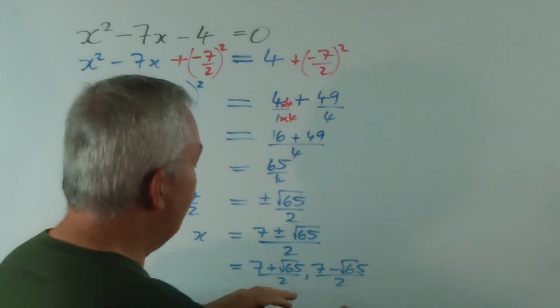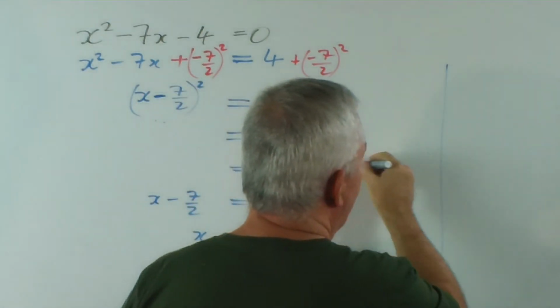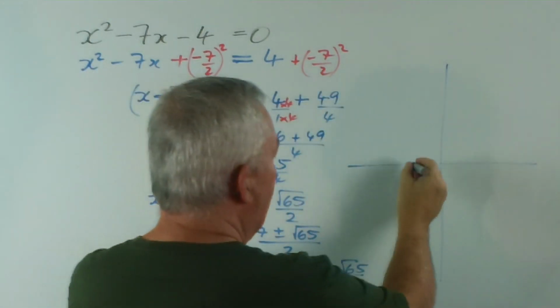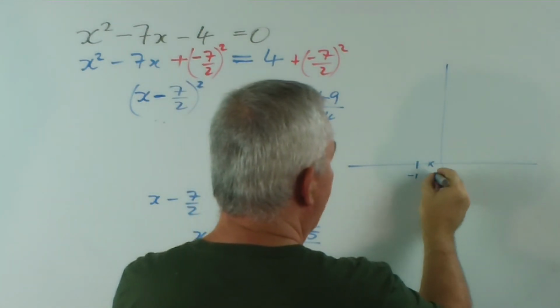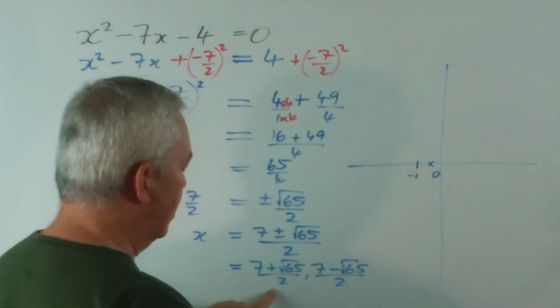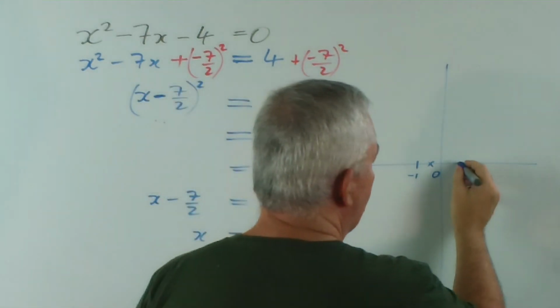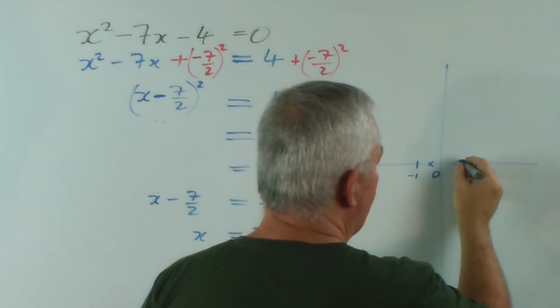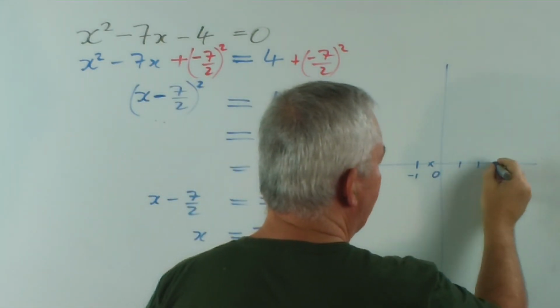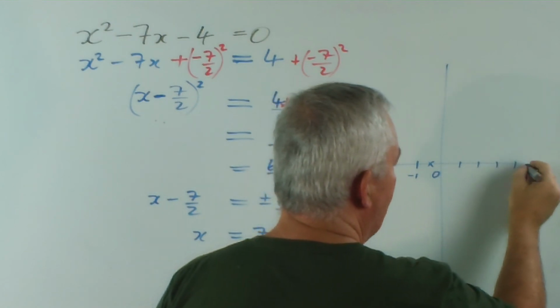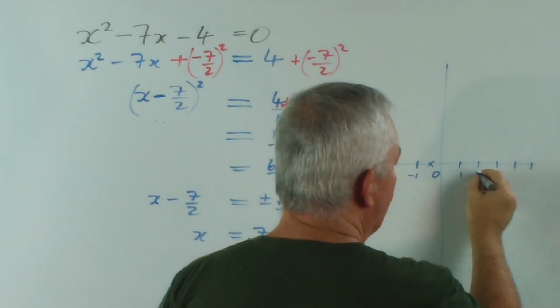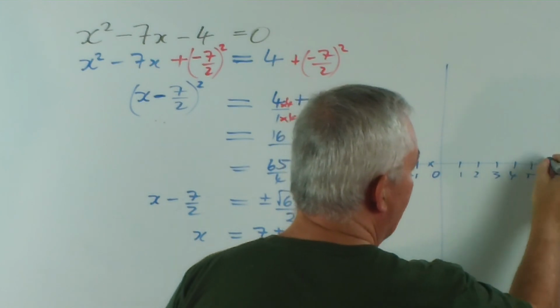So if we graph this parabola, by the way, it means that one root will be at about minus a half, and the other about 7.5. Well, on this scale I really haven't done myself any favours, have I? 1, 2, 3, 4, 5.